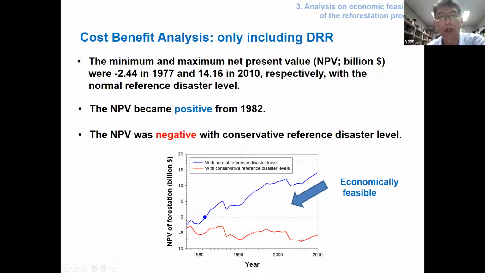It's minus throughout the period. Okay? In other words, economically, not feasible. So the NPV becomes positive from 1982 when we use normal reference disaster level. However, the NPV was negative with the conservative reference disaster level.